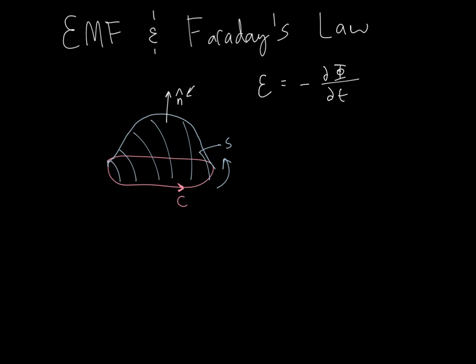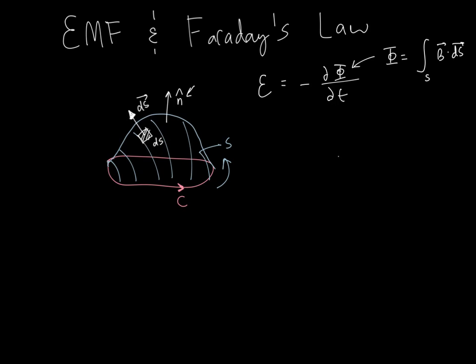The magnetic flux flowing through our surface S, we can write as this integral. Surface integral, we're integrating over our surface S of B dot dS, and let me draw dS here. Here's a little patch of surface with area dS, and our vector dS is pointing out in our positive reference direction as defined by the right-hand rule.